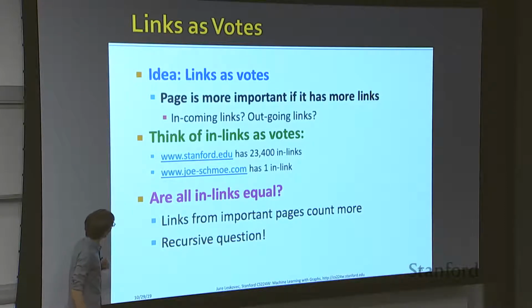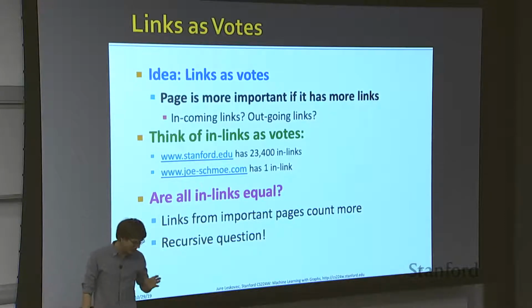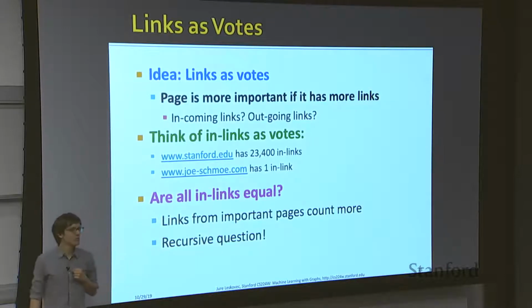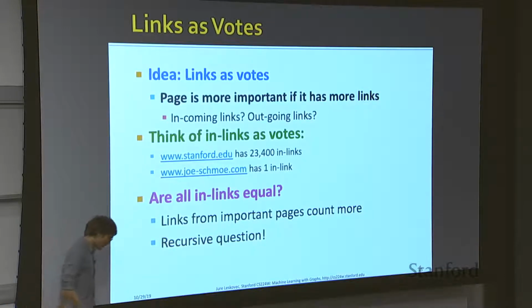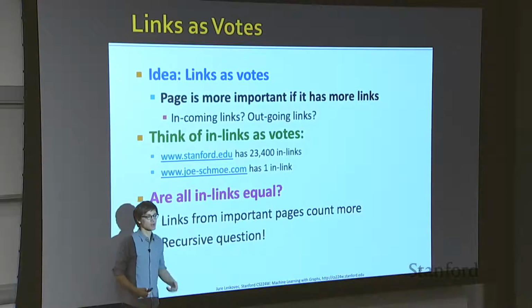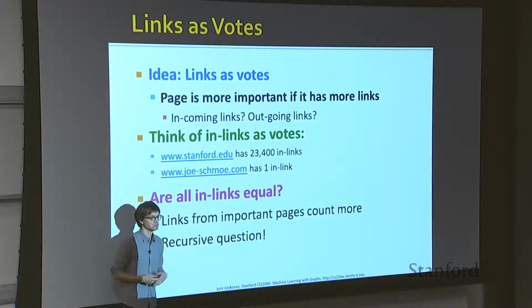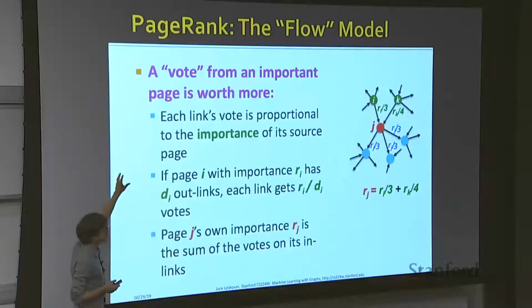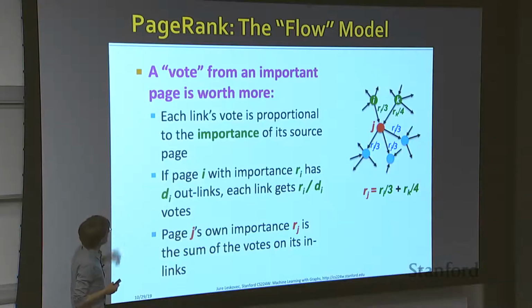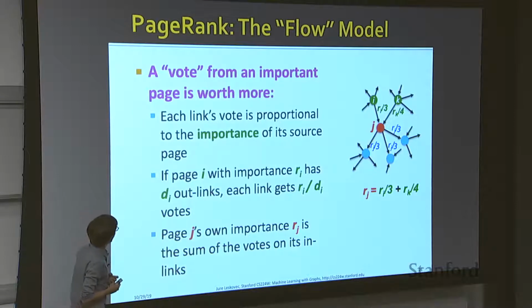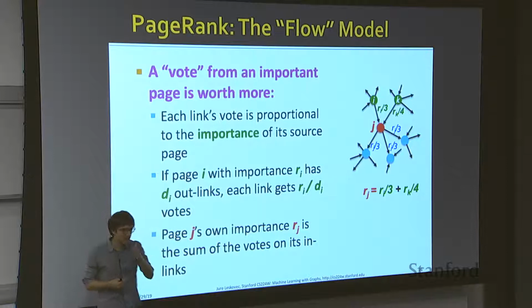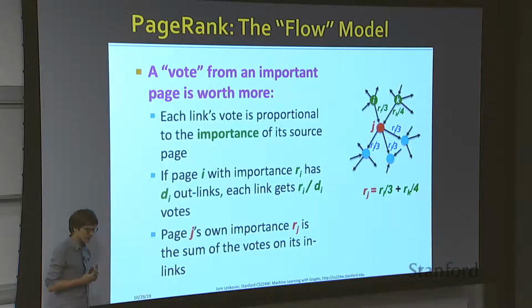But the idea right now will be that links are votes, and links from more important pages make you more important. So it's not only about the number of friends you have, but also how important your friends are. That's one way to say it, right? So the idea is that a vote from a more important page is worth more. Each page will have a number of links, and each page will have an importance.